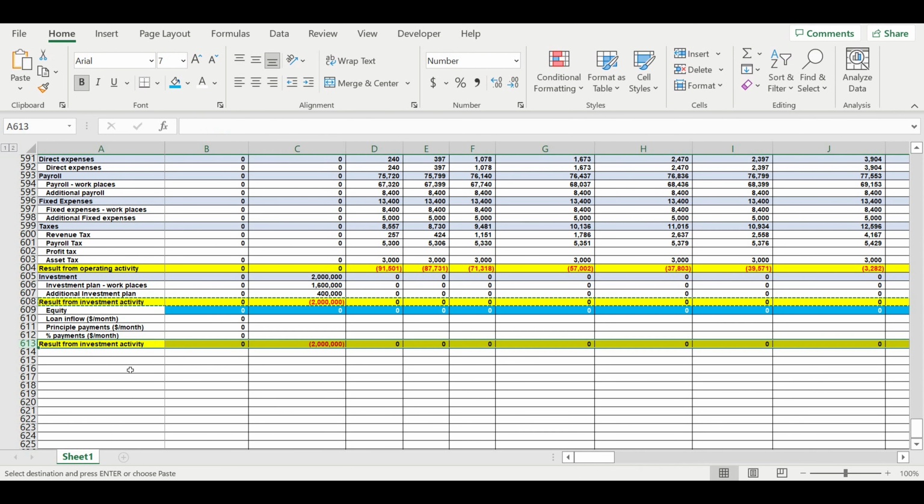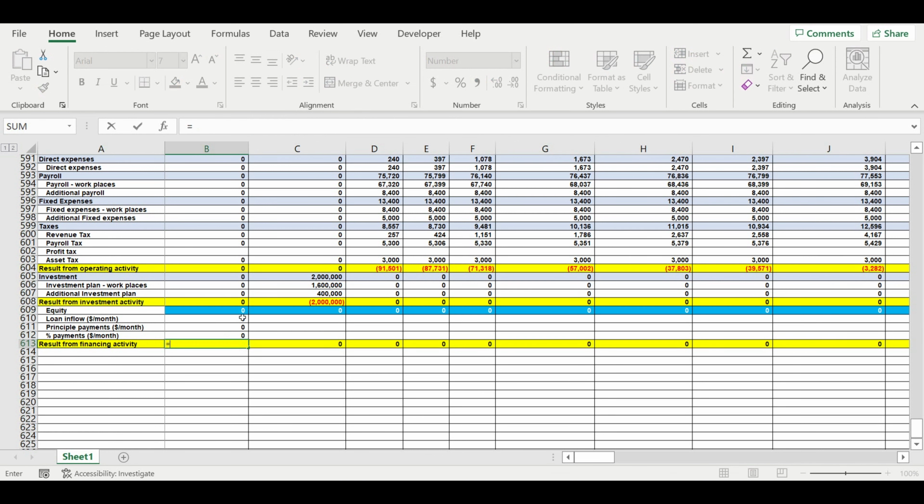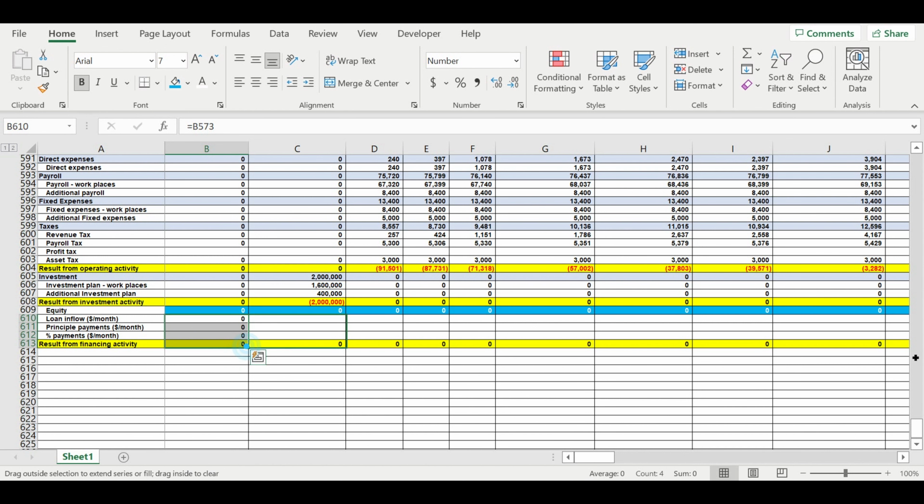Then we calculate the result from financing activity. This will be equity plus loan minus principal payments minus interest payments. Then we are extrapolating this formula to the right.